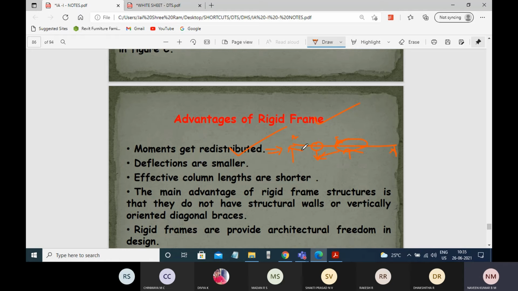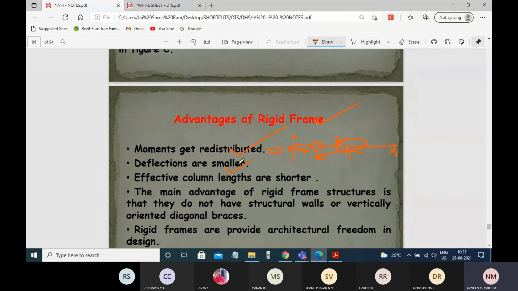So you are going to transfer some amount of support moment to the moment at the midspan, right? That is possible in case of rigid frame. So moments are redistributed.